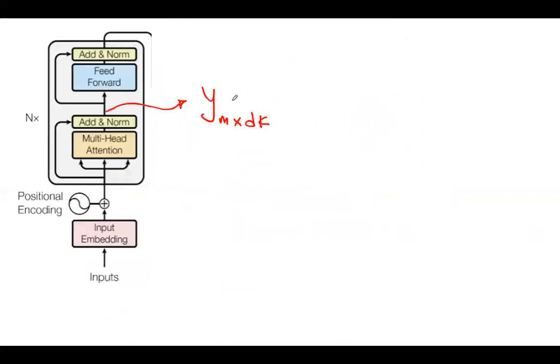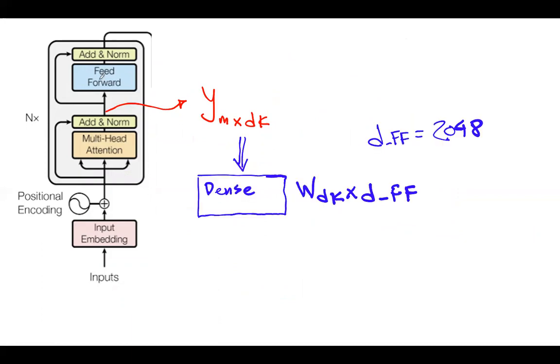Okay, so now we have Y, M times dk. This will be fed into a neural network. This is a feed-forward neural network with two hidden layers, right? So the first hidden layer, we call it dense from a TensorFlow background, or we can call it linear with ReLU from a PyTorch background. The first dense layer, or the first hidden layer, will project or transform this dk dimensional feature to a higher DFF dimensional feature.